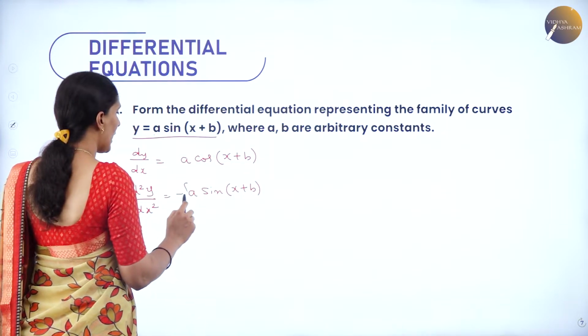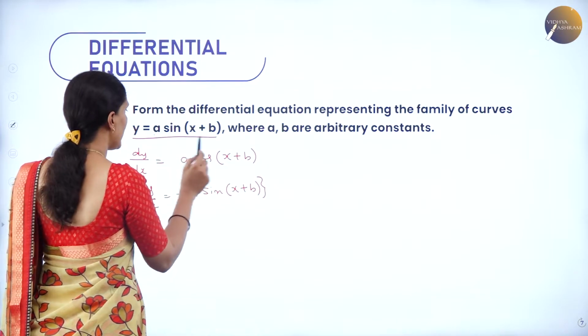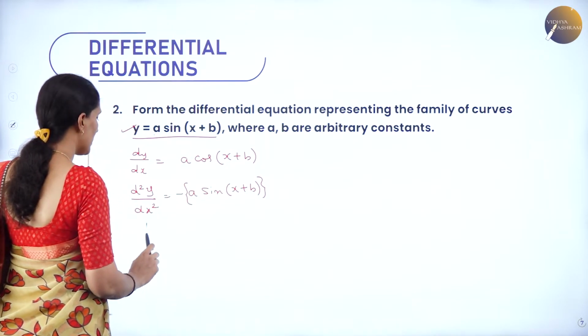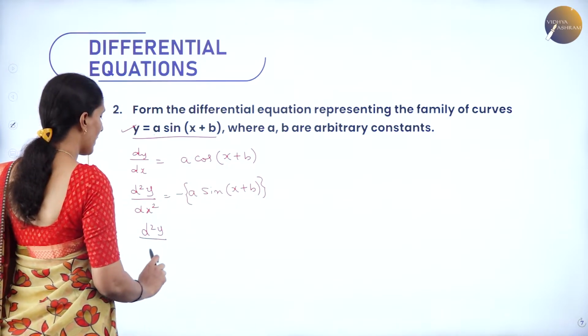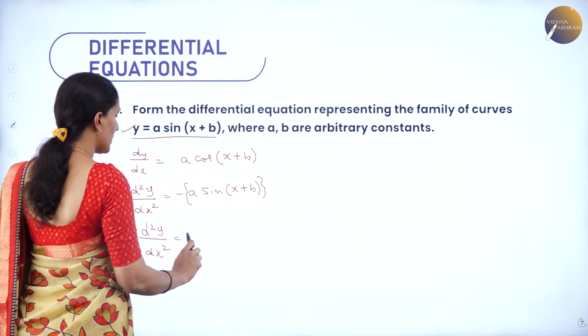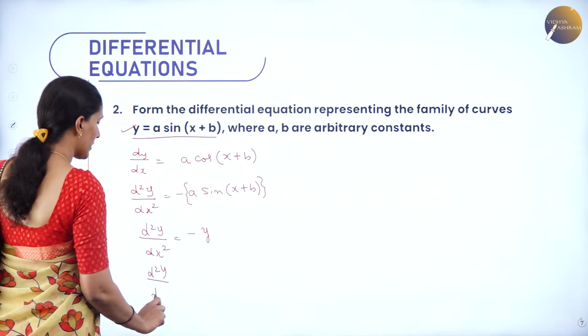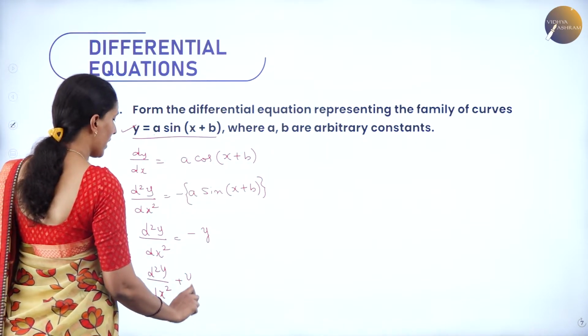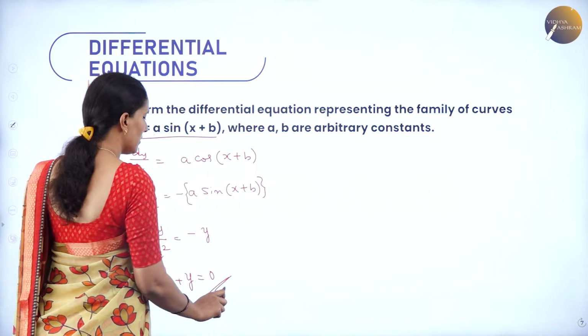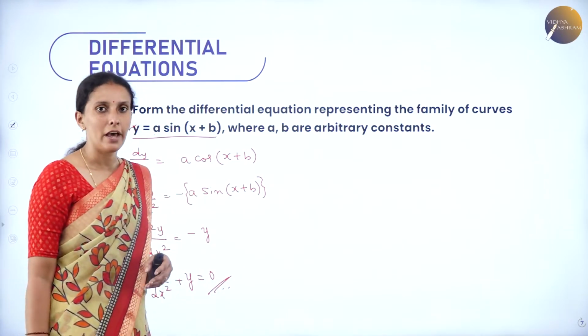See here, a sin of x plus b is nothing but y, replace it. So it is d square y by dx square is equal to minus y, or d square y by dx square plus y is equal to 0. So this is the differential equation required.